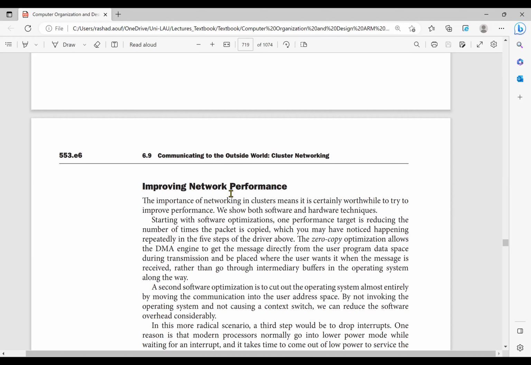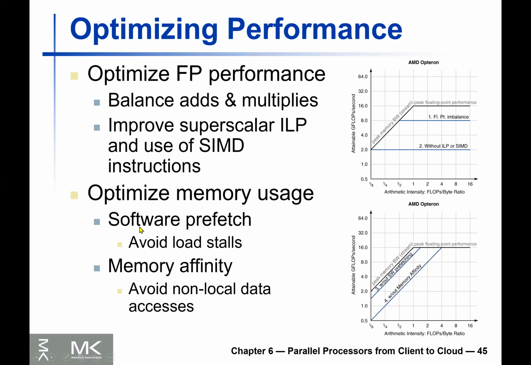Okay, improving network performance. Optimize memory usage. Software prefetch, avoid load stalls.